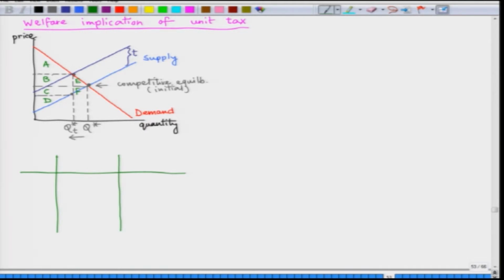So, here we are going to measure consumer surplus, producer surplus, okay. Then we have a third party here, another economic agent, that is basically government, and then finally we have society, right, as a sum total of all three economic agents.